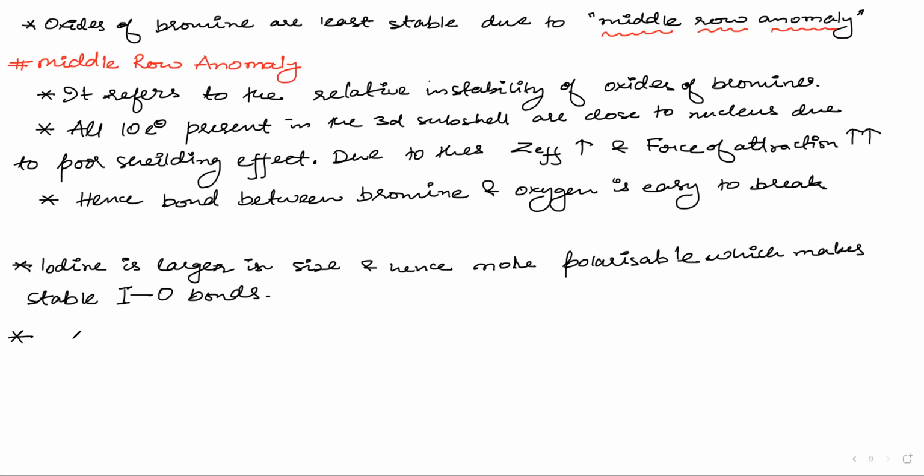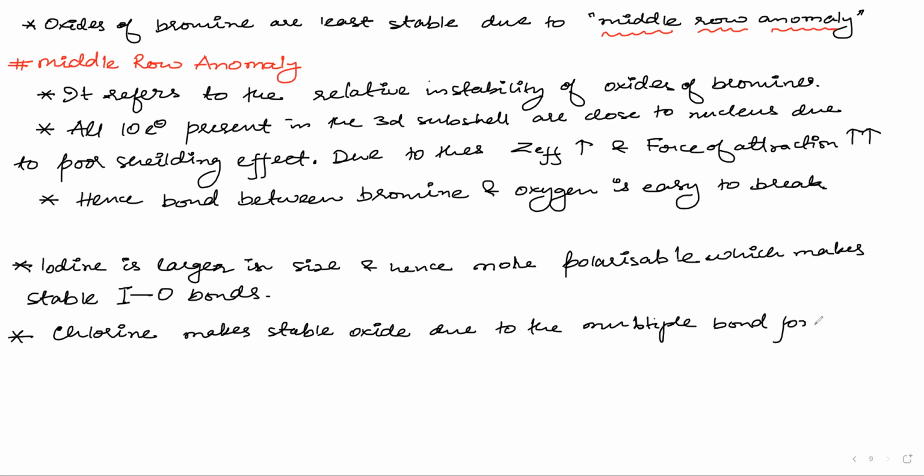Next point, chlorine. Now chlorine has d subshell, but those d subshells are vacant, right? Chlorine makes stable oxides due to multiple bond formation and availability of d subshell.